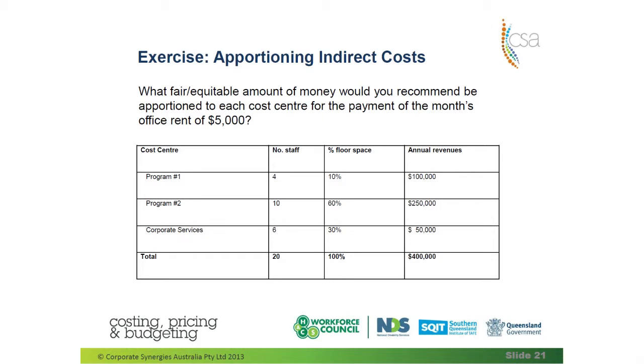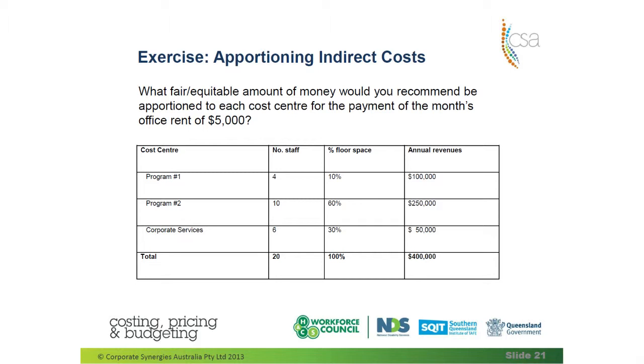If we now look at page 21, there is an example on how we can apportion costs such as rent. It's a very easy way to start. So in this example, we have two programs that are funded by government. We also have corporate services, so that is a user pay corporate service.